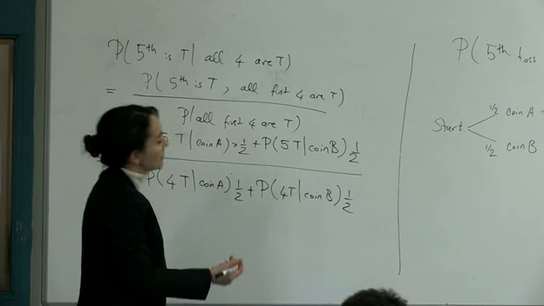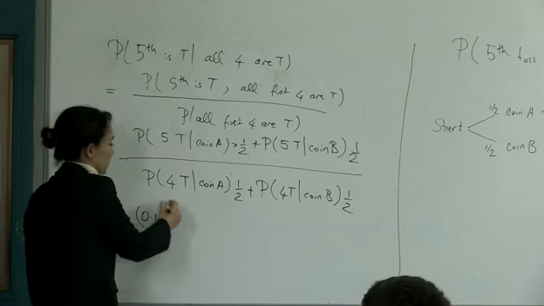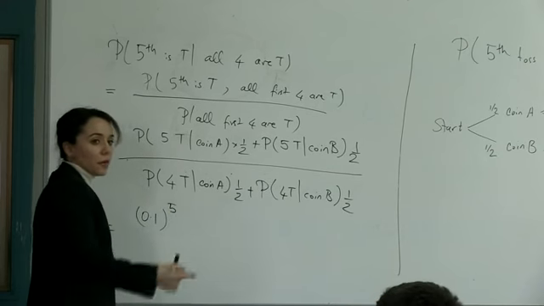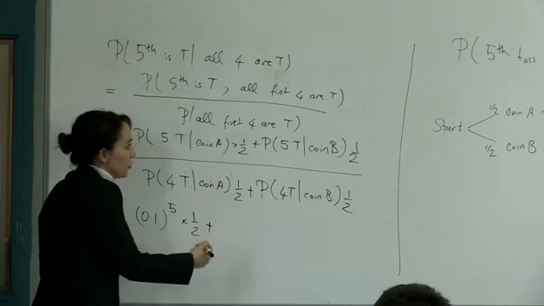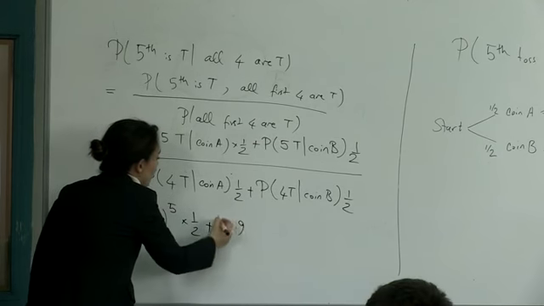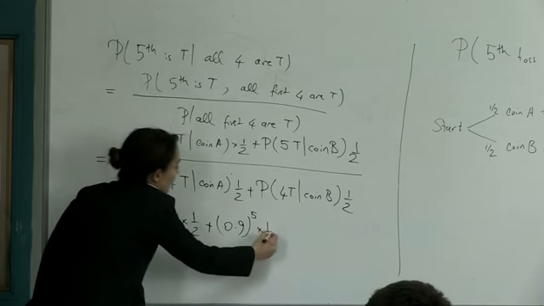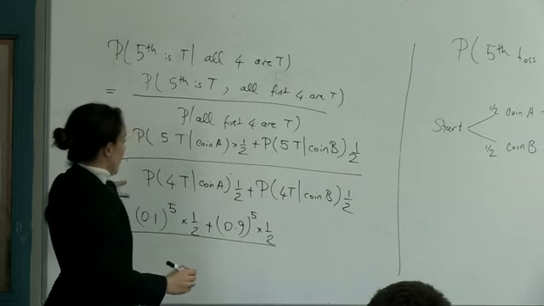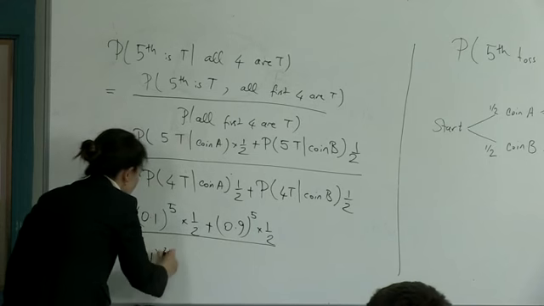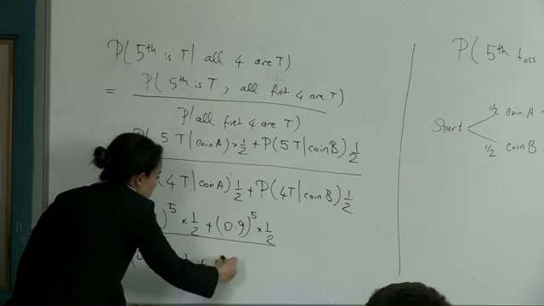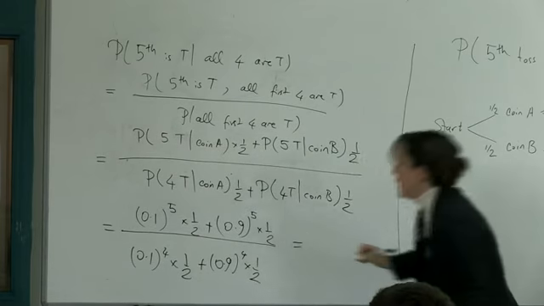So 0.1 raised to the power 5 is the probability of getting 5 tails in a row, times 1/2, plus, if I have coin B, each toss results in tails with probability 0.9. 5 tails in a row is 0.9 raised to the power 5 times 1/2, divided by, do the same in the denominator, this time for 4 tails in a row: 0.1 to the 4 times 1/2 plus 0.9 to the 4 times 1/2. Okay, the 1/2s cancel.